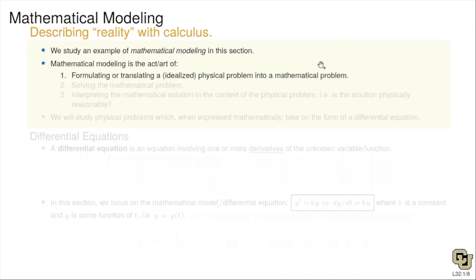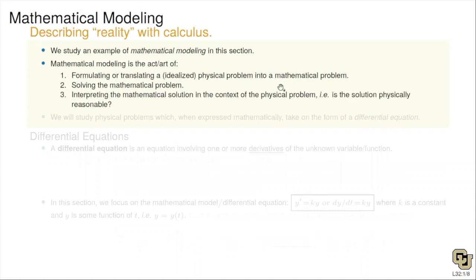So here, the first step involves translating a real world problem into math. And typically it's an idealized real world problem, so we ignore certain things like friction, just to make it a simple, manageable model that I can convert into mathematics. Then we solve that math problem. So we've taken this real world problem, converted it into a math equation, and then we solve the math equation.